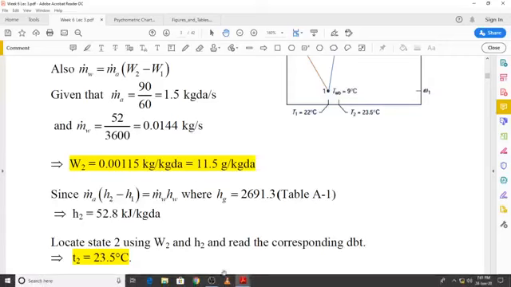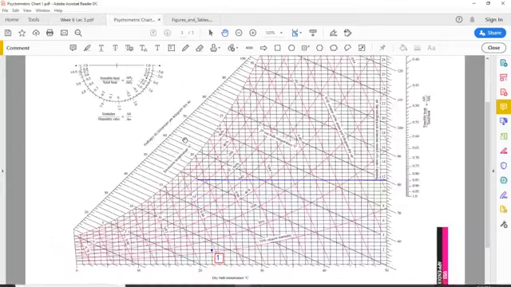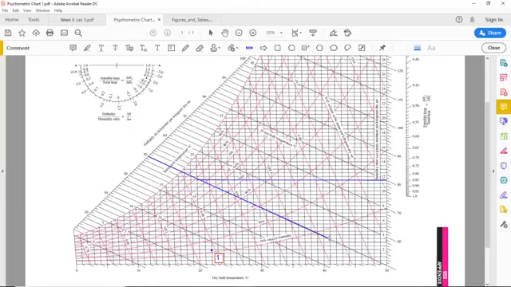Now you go back to the psychrometric chart and then draw a constant enthalpy line which corresponds to a value of 52.8 kilojoule per kilogram dry air. So 52.8, we are almost close to 53. So I have to just move this to, this is 52 and 53, 52.8 is just around here.